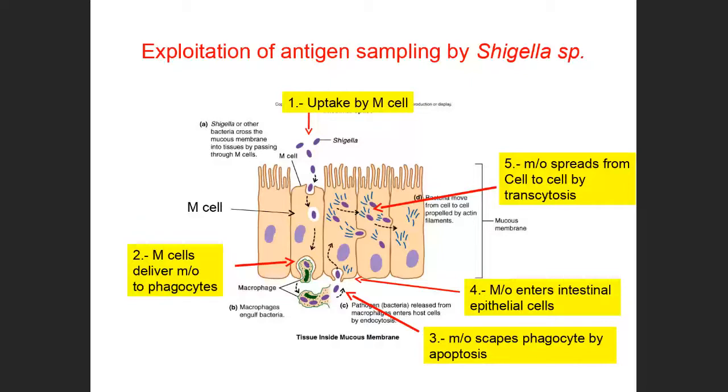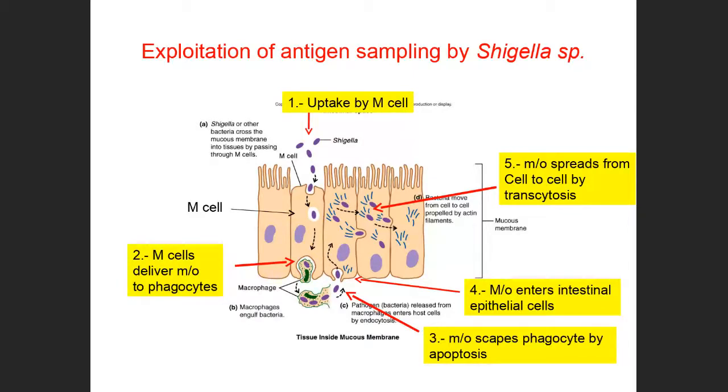Okay, this is what it is. And this happens especially in the GI tract. In the GI tract, we have cells that their only job is to sample antigens on their surface and take these samples to deeper tissue underneath.